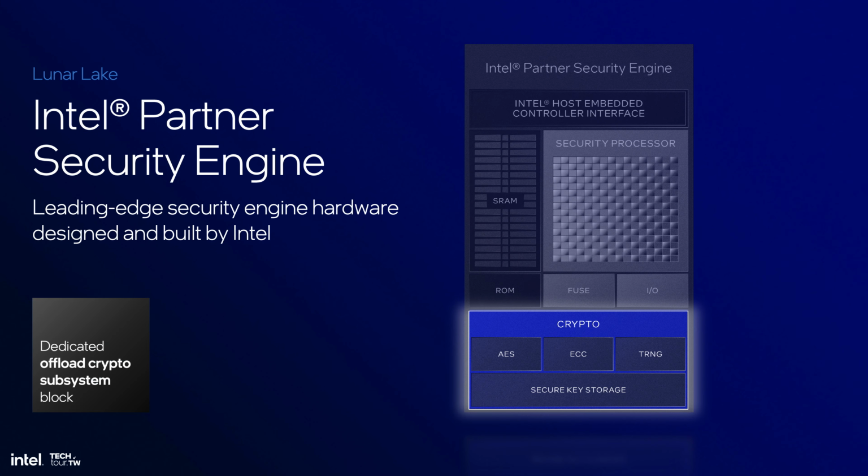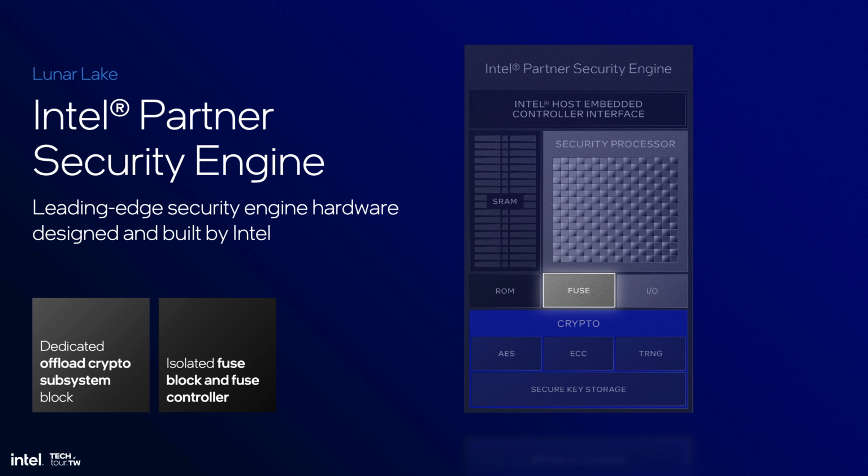But we still create a dedicated instance of the crypto IP, which we call the offload crypto subsystem. It is a FIPS certified IP block that has a dedicated instance for the partner security engine to provide those crypto services directly to the third-party usages.